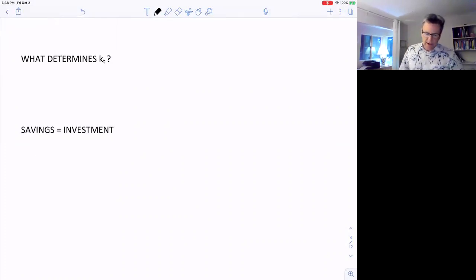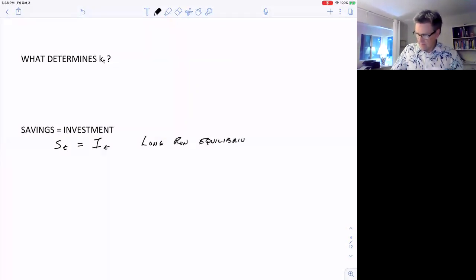So in the long run equilibrium, savings at time t would be equal to investment at time t. This will be the long run equilibrium. And we're going to say that savings is some function of income, like in Keynes's model.